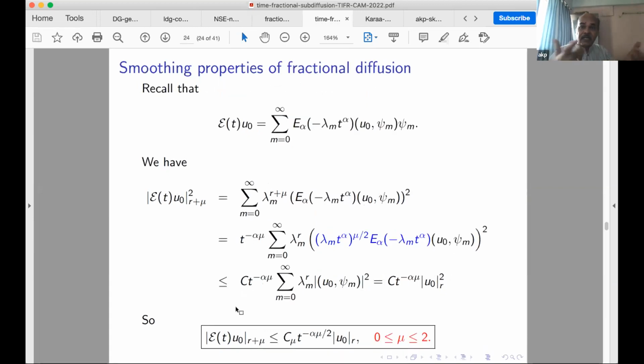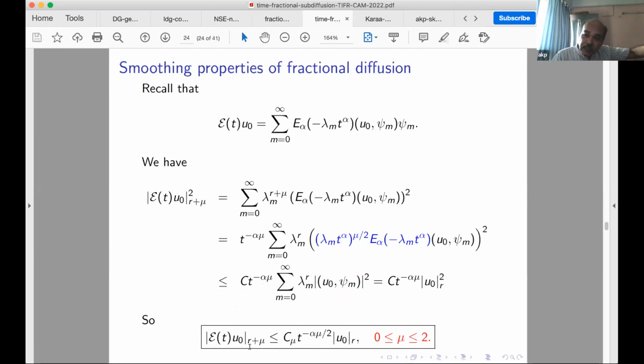But compared to that, let us look at what happens to the smoothing property for the fractional diffusion problem. Unfortunately, it has limited smoothing property. That means if you take R equal to 0, mu can go up to 2, not more than that. That means mu is equal to 2, R is equal to 0.